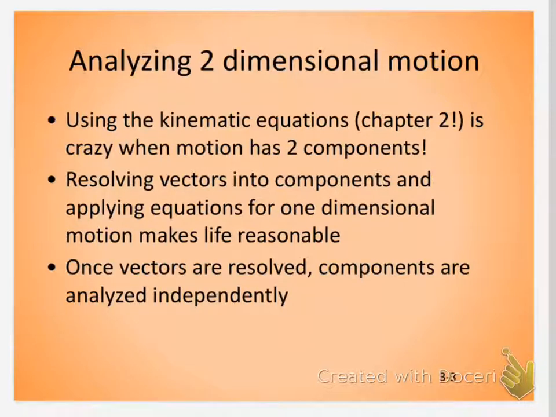So now you start to have vix, vfx, viy, vfy, a sub x, a sub y. This is why I've been saying you have to make sure that your variables are what your variables say they are. You have to be careful with that notation.